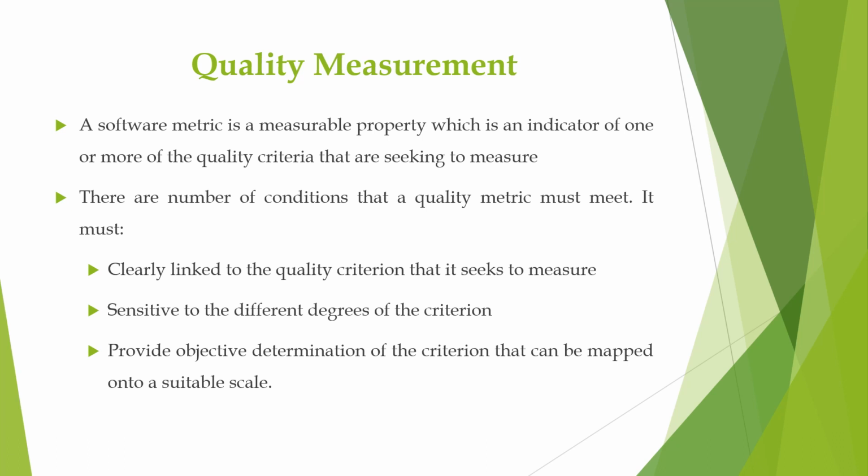It should also be sensitive to the different degrees of the criterion. And it should provide an objective determination of the criterion that can be mapped onto a suitable scale. So these are the different ways to measure quality.